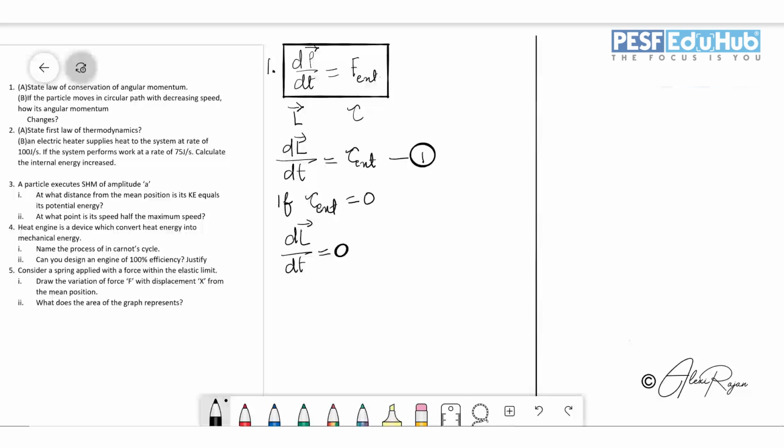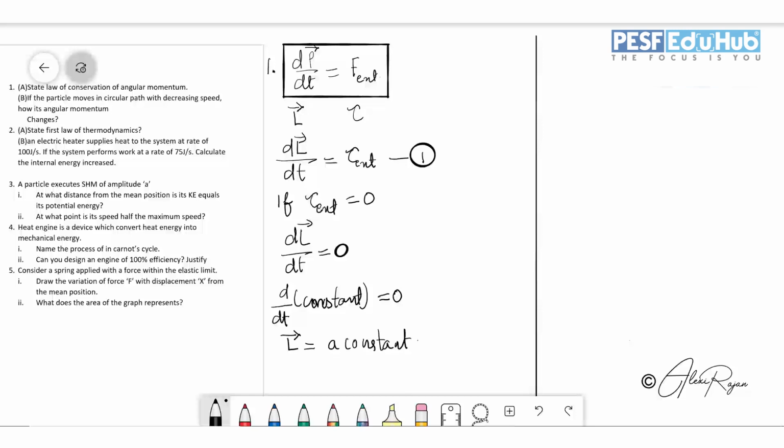You know one thing, that differentiation of anything being 0 means that particular quantity will be a constant. That means d by dt of a constant is equal to 0. So from the above equation, L, angular momentum, will be equal to a constant.